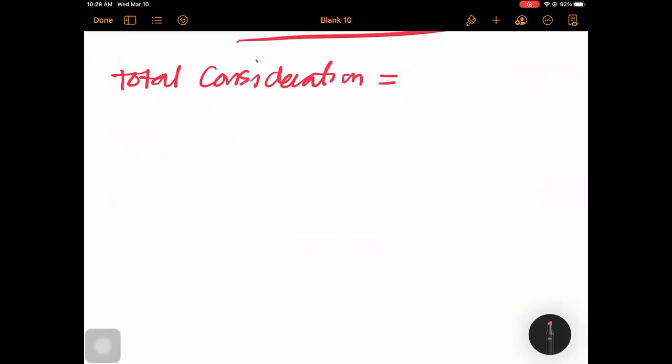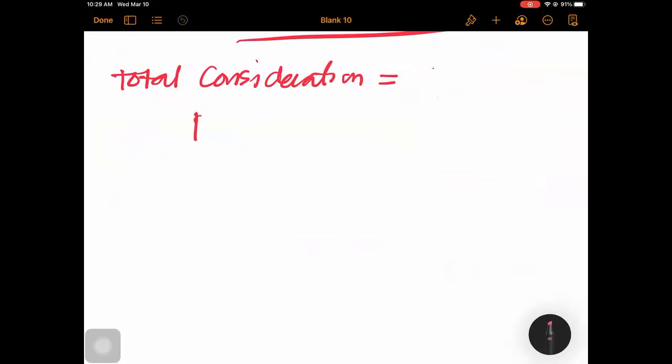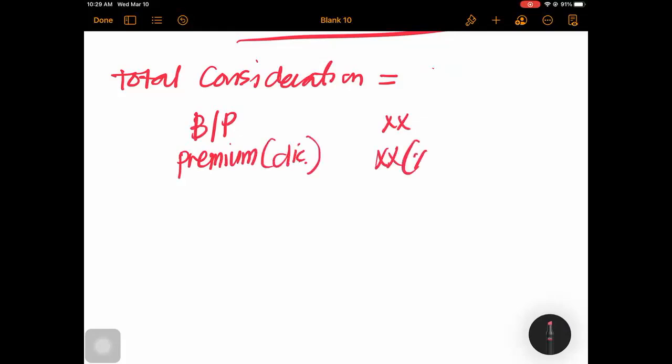So our total consideration includes the carrying amount of the bonds payable, which is the face amount depending on whether there is premium or discount.